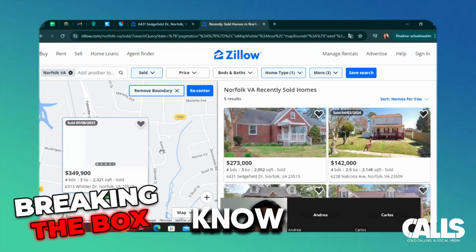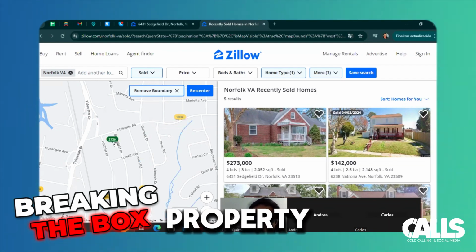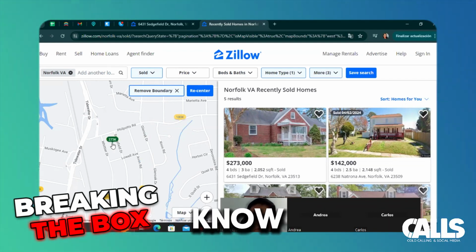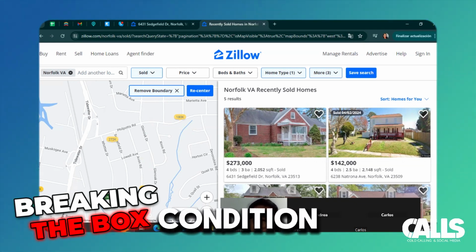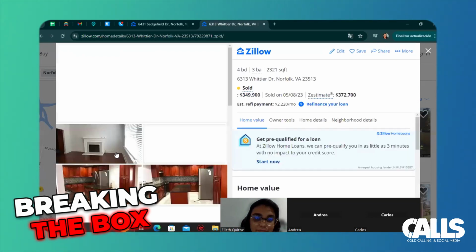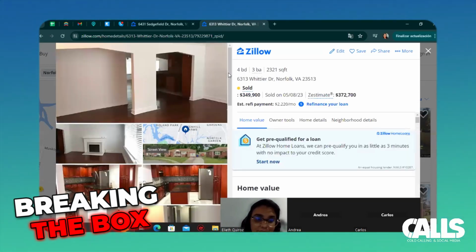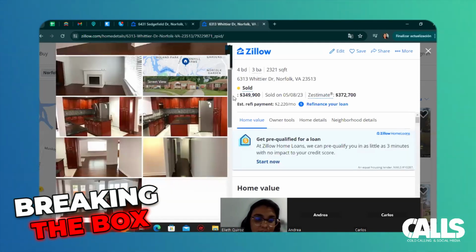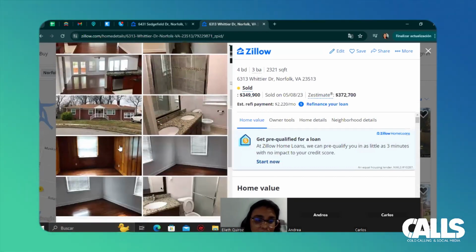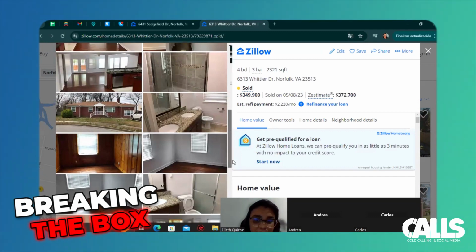So we know our subject property wasn't brand new, but we know the house was in good condition. It was livable. So let's see this. 347, 48, 49. This was original.